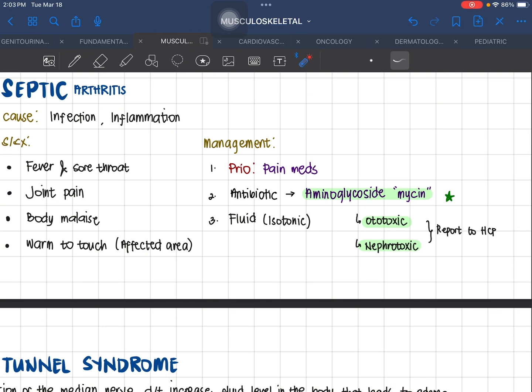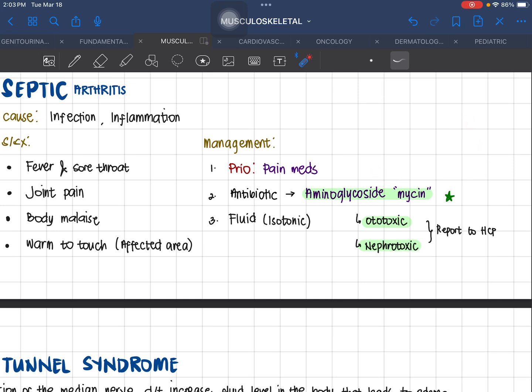Yun yung mga mycin. Mycins are nephrotoxic. Toxic sa kidney, toxic din sa tenga. So, nakaka-experience ka ng, yun nga, ototoxic. So, possible na maka-experience ng tinnitus, nephrotoxic, and also hepatotoxic.